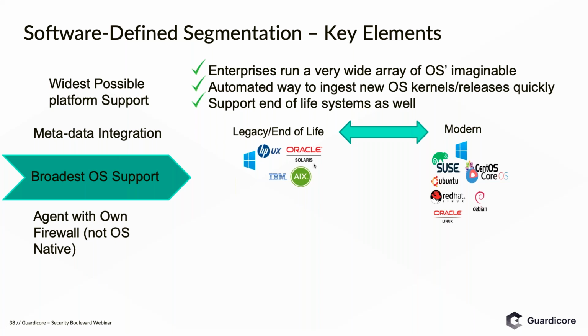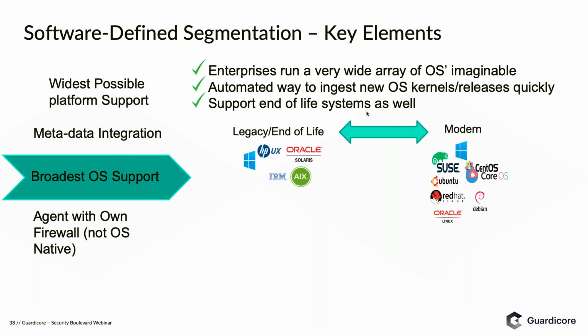The goal is they need to be able to get visibility into these systems in order to protect them, because patches are no longer being created for them, as well as things like HP-UX, Oracle Solaris, and IBM AIX. These things are around forever. They have legs. In fact, these Unix machines were around when I used to have long hair. They have been around for a long time.